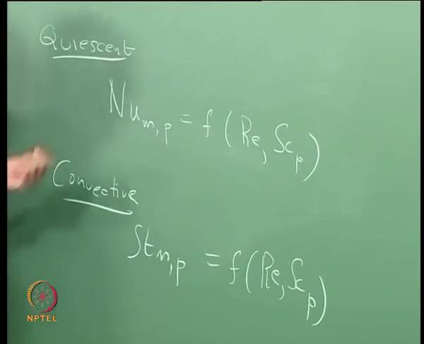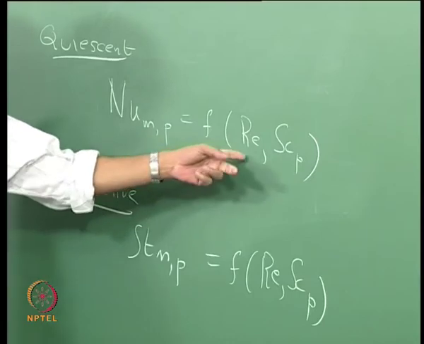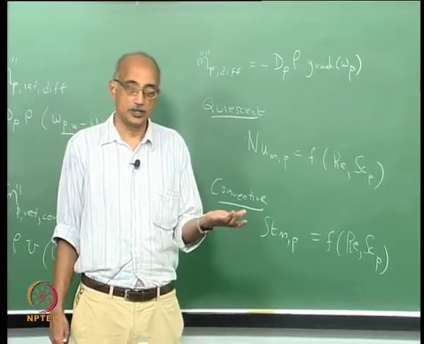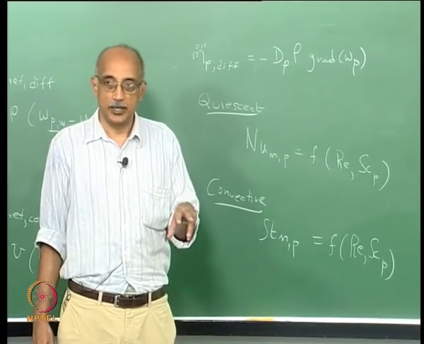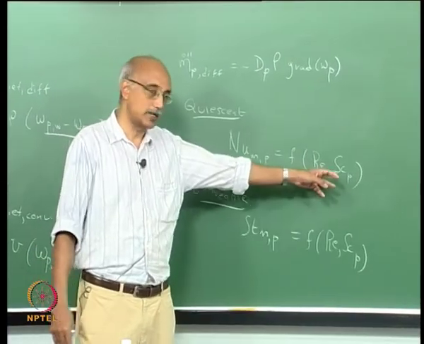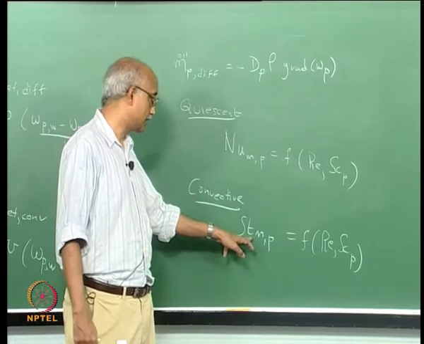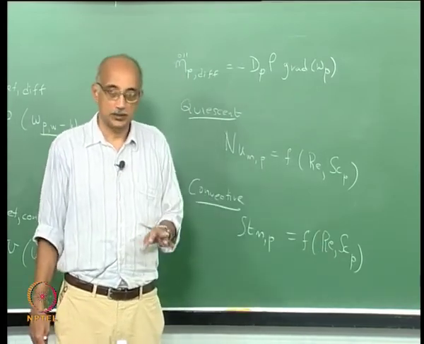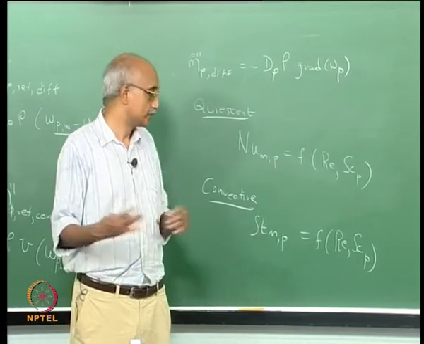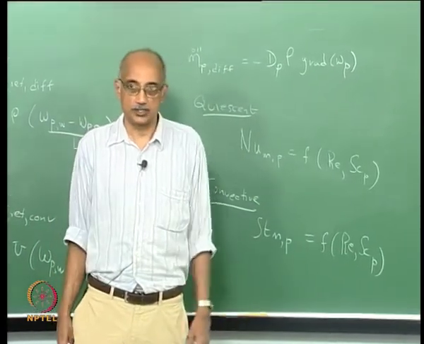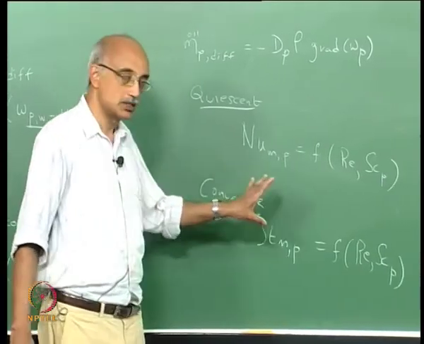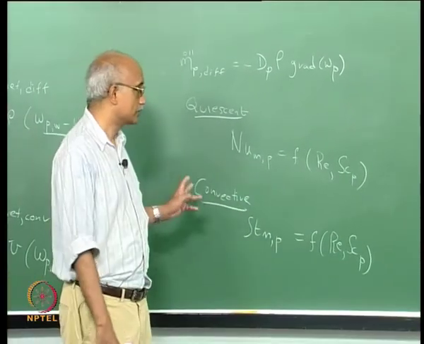In the case of the quiescent flow, the Reynolds number effect, which is the convective effect, is going to be significantly lower compared to the diffusive effect that is represented by the Schmidt number, whereas in the case of convective flow, the Reynolds number effect is going to be significantly greater than the diffusional effect that is represented by the Schmidt number.